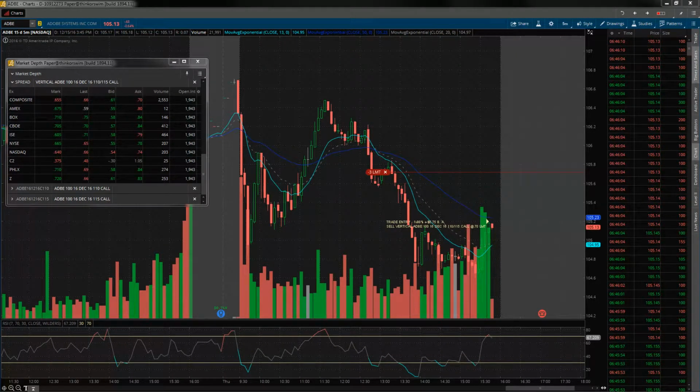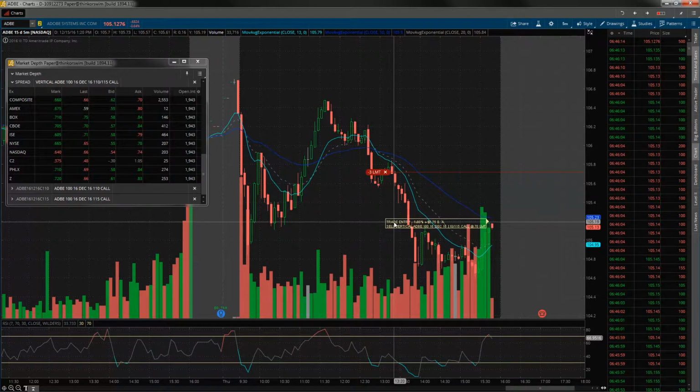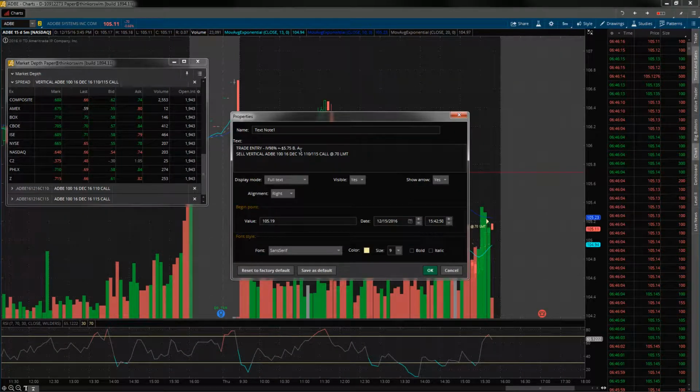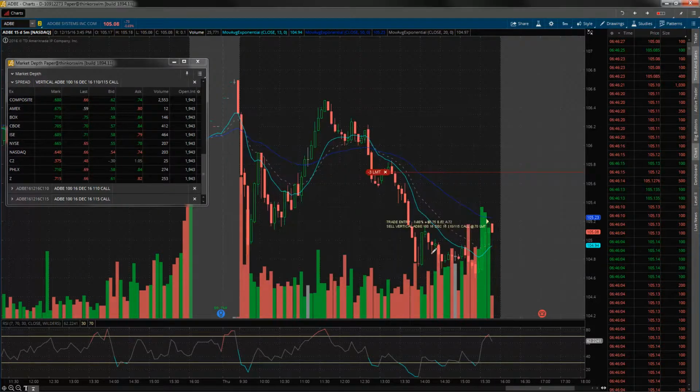Bid and the ask was 62 and 72. Bid 0.62 and 72, and I sold it for 70. Excellent. Let's cancel this extra order off. Very lovely.